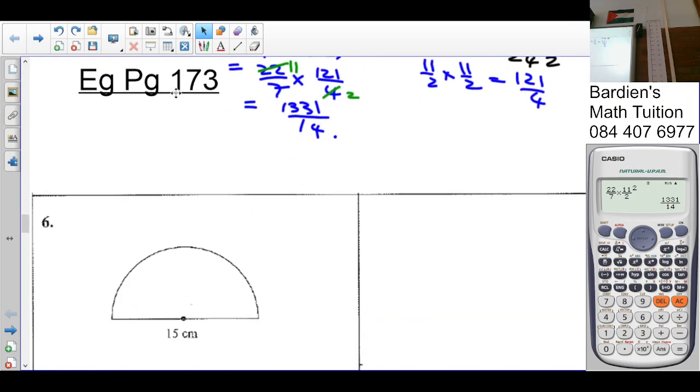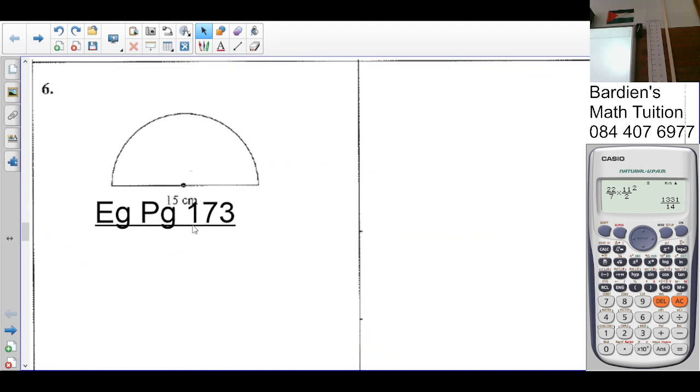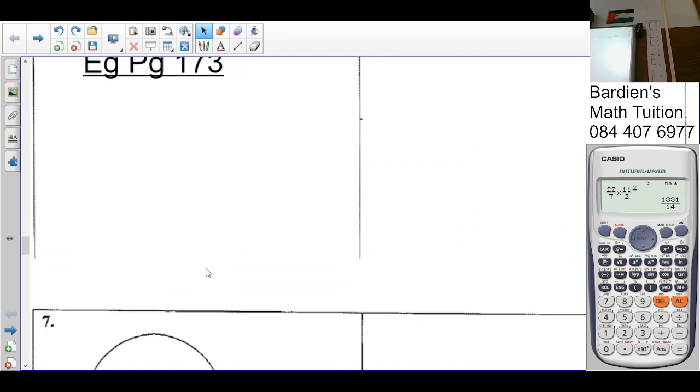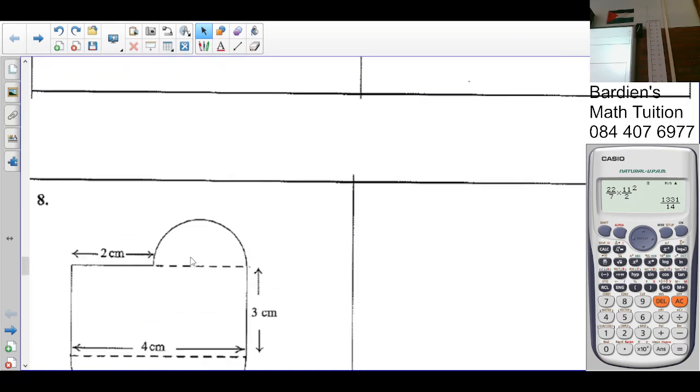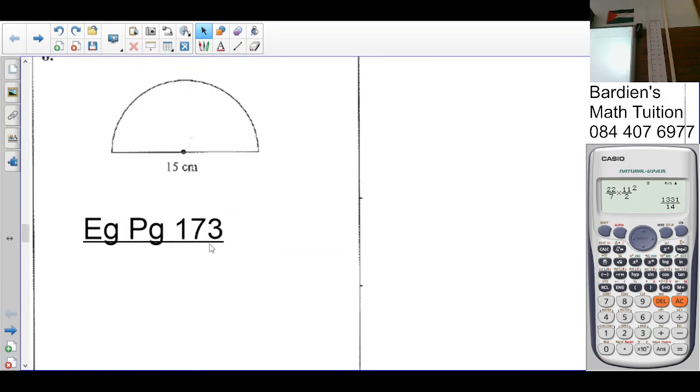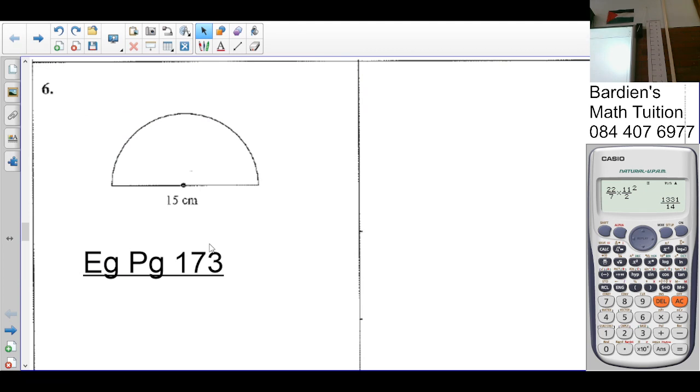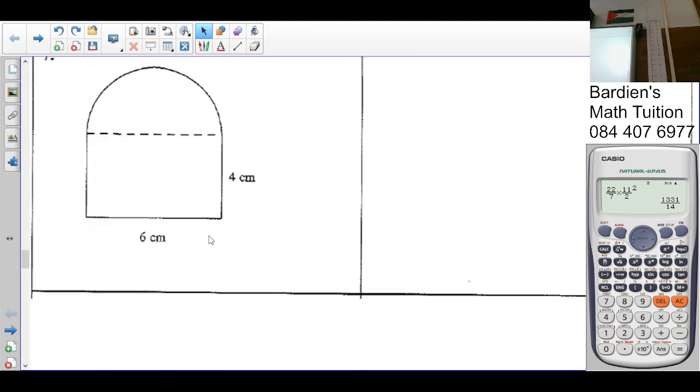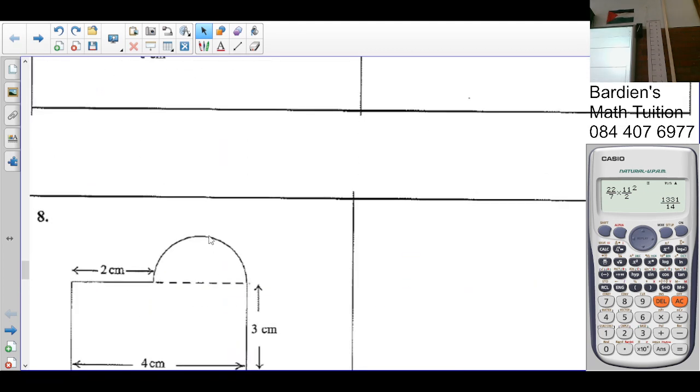The next question. It's a semicircle, so here we're going to go into something different now. Okay. Semicircle. So we will do that in tomorrow's lesson. Okay. So for today, I want you guys to go to the exercise on page 176.